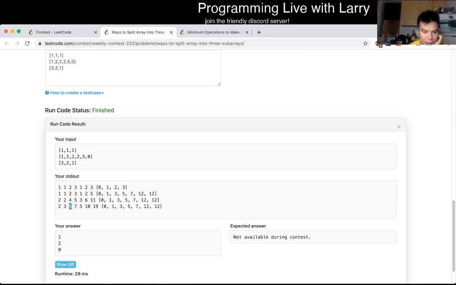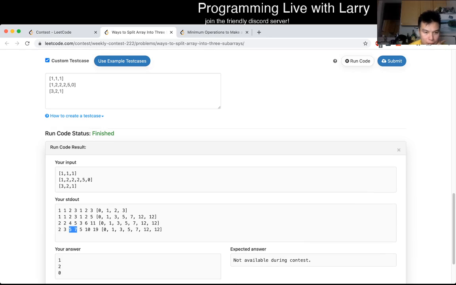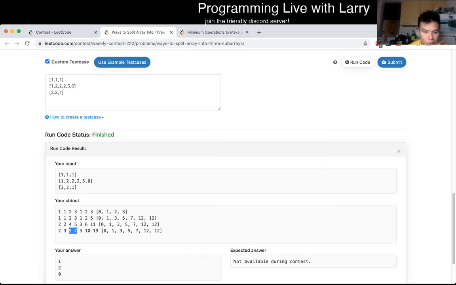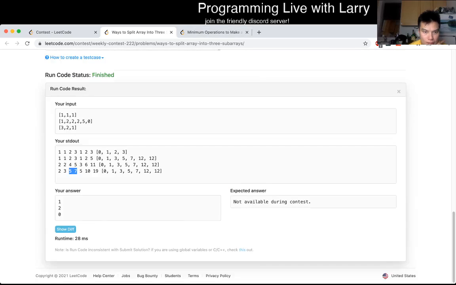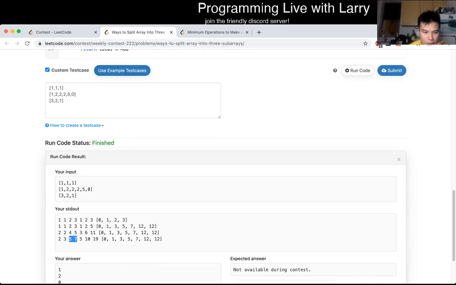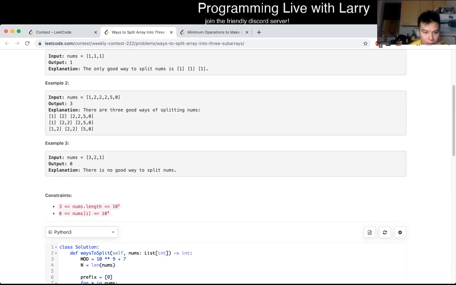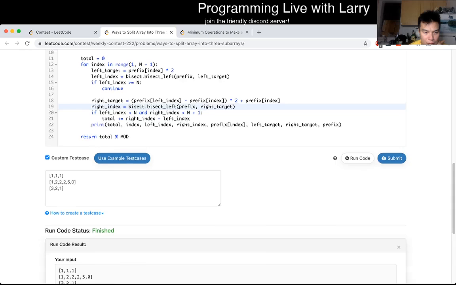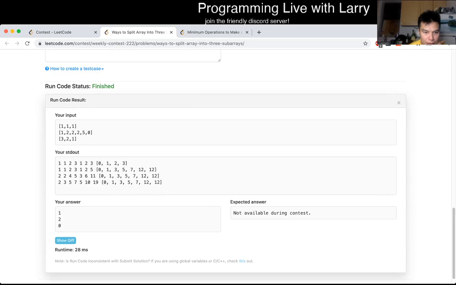Oh, because it's not adding this, but... 1, 2, and 5.